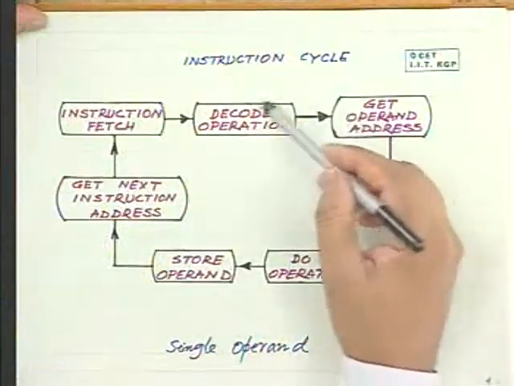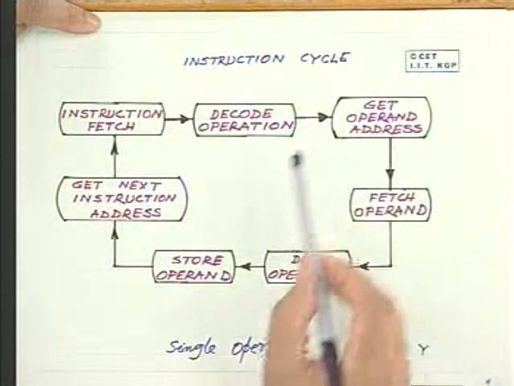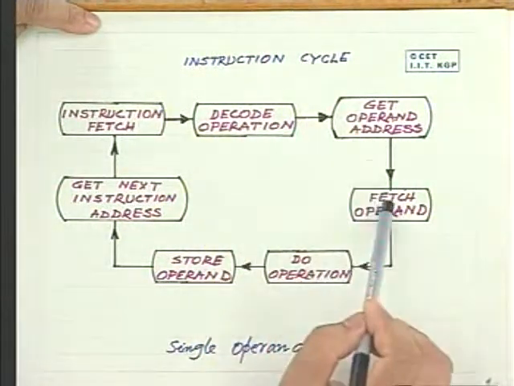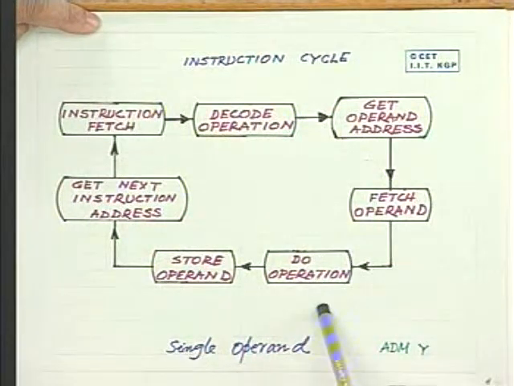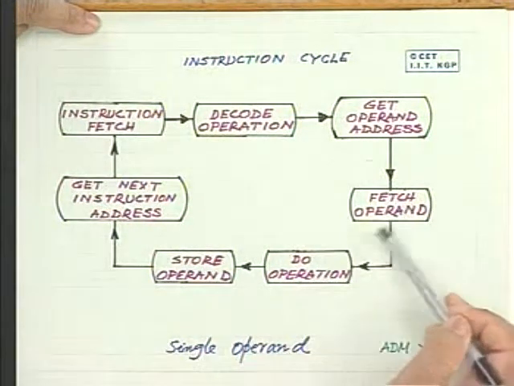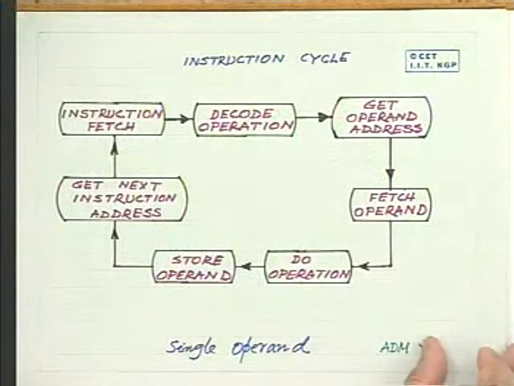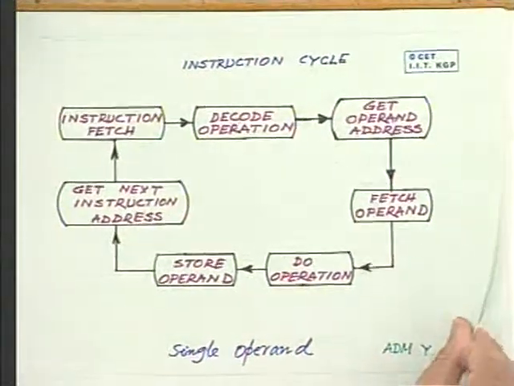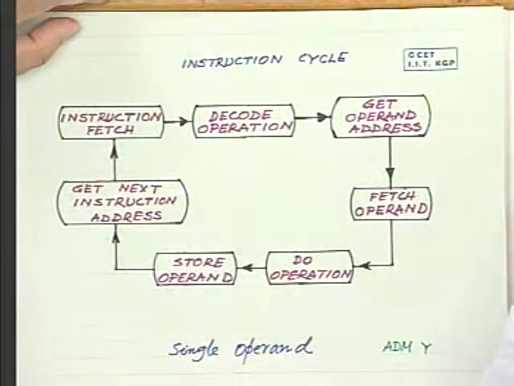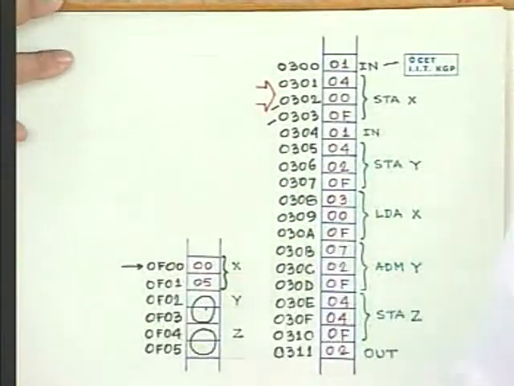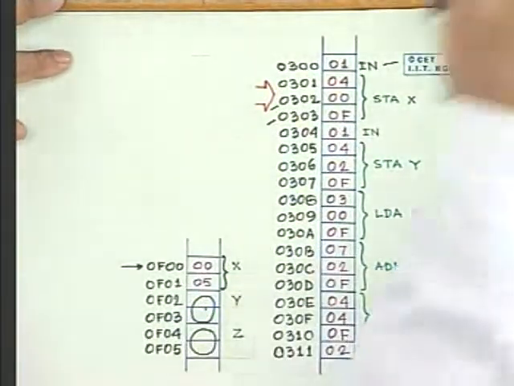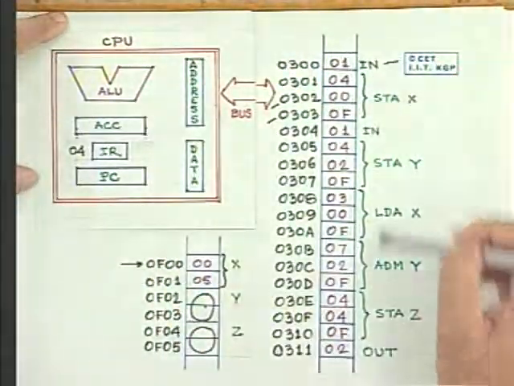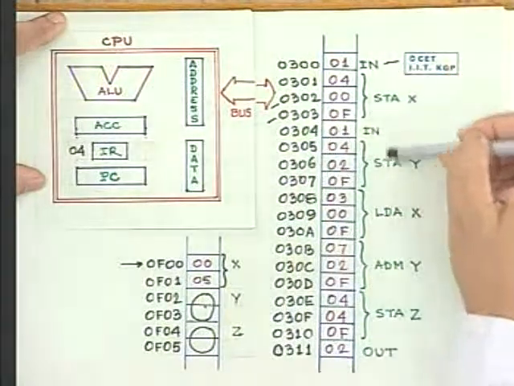Naturally, many of these steps may have to be broken down into sub steps, as we will see. As the necessity arises, we will discuss them one after the other. Now, as I was telling, this is a program that has a sequential flow of control.